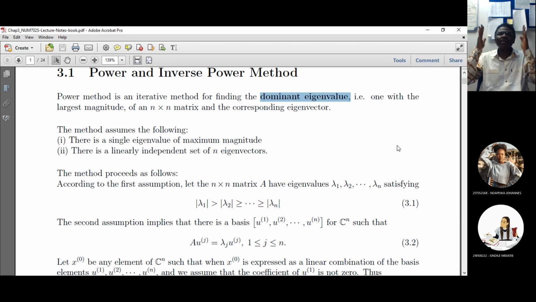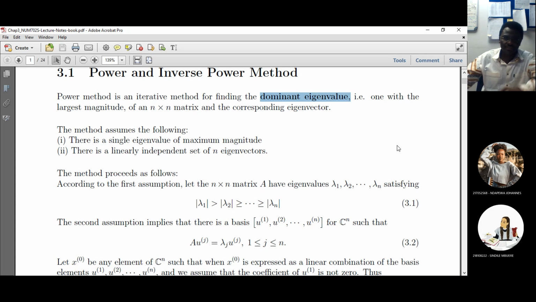Dominant here means dominant in terms of absolute value. If you take the absolute value or the magnitude of all the eigenvalues, the one with the largest magnitude is what we call the dominant eigenvalue. It can be positive, it can be negative, provided the absolute value is the largest.